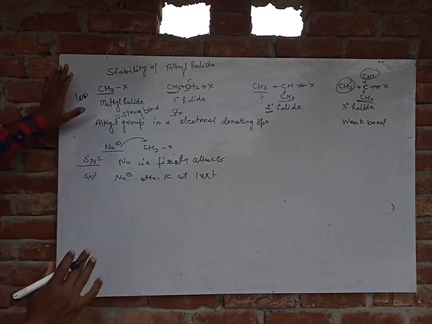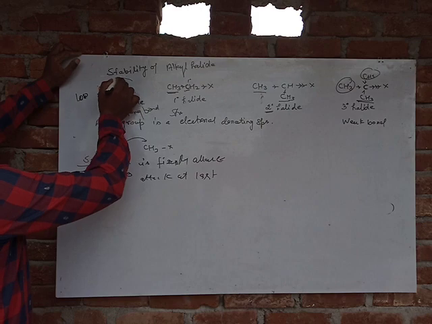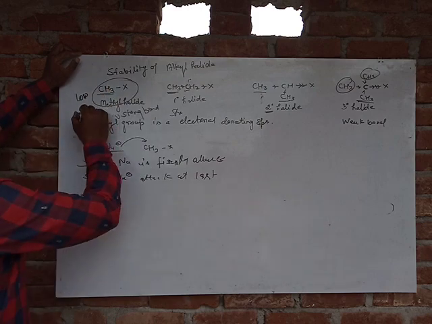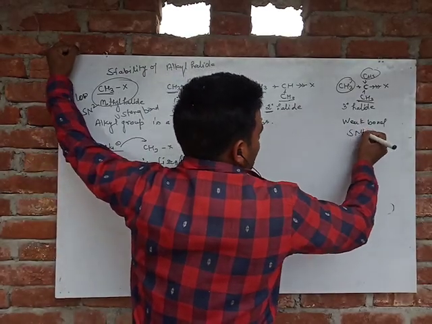So we can see that the mechanism of methyl halide takes place by SN2, and this one takes place by SN1.